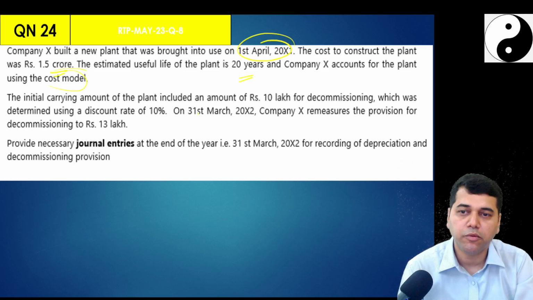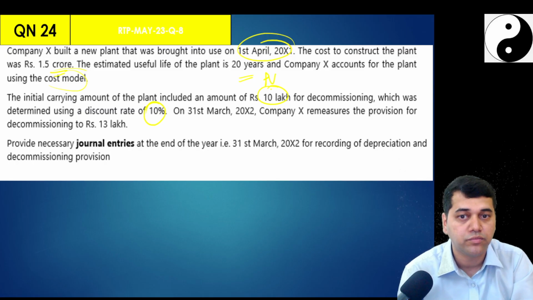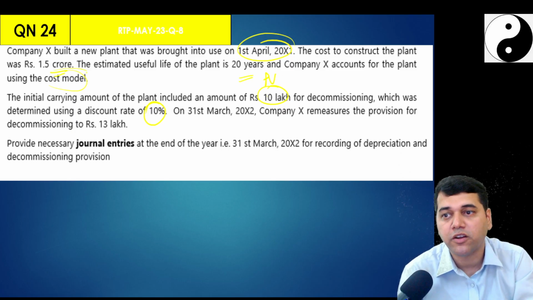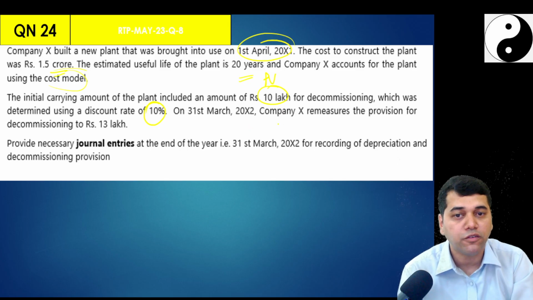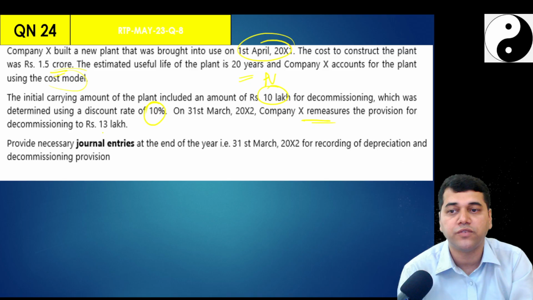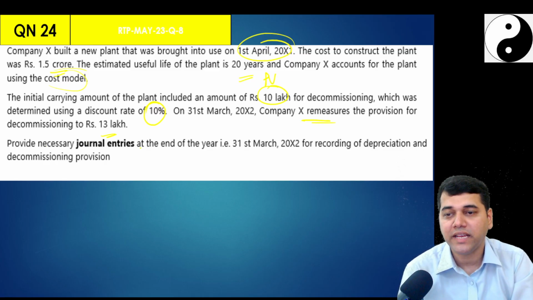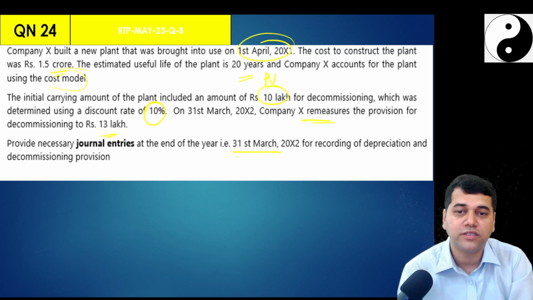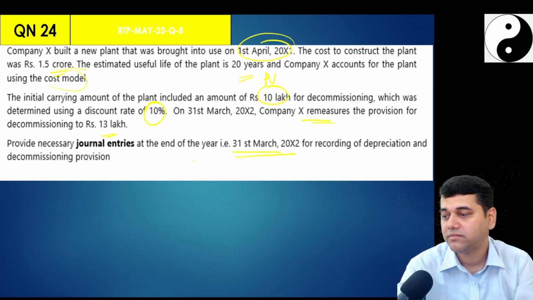The initial carrying amount included 10 lakh rupees decommissioning, which was determined at a discount rate of 10%, which is already a present value, because this is sitting as part of 1.5 crores. On 31st March 2012, at the end of the first year, company X remeasured the provision for decommissioning to be 13 lakhs. Now provide the necessary entries at the end of 2012 for recording of the depreciation and decommissioning liability.